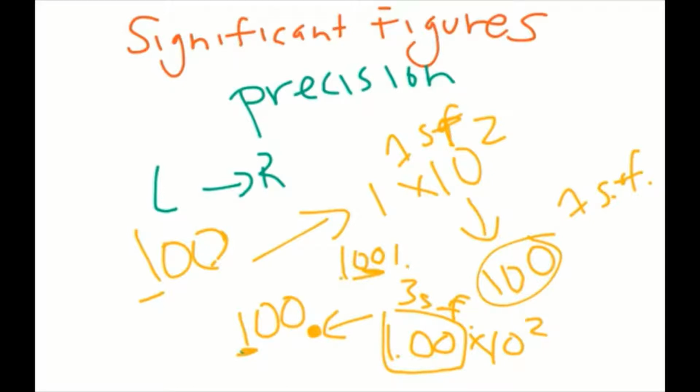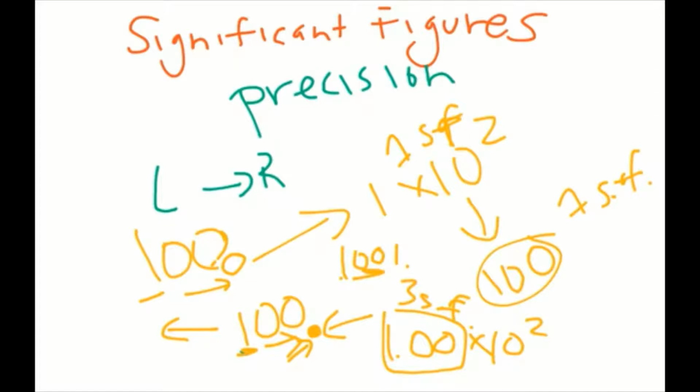The only exceptions where we don't count the zeros is to the left and to the right if there's no decimal place. But if there is a decimal place, then we do count to the right, and we include all the zeros. So it's kind of hard to take in. Just take notes and try to understand it and internalize it. I promise that it will be easier the more you practice.